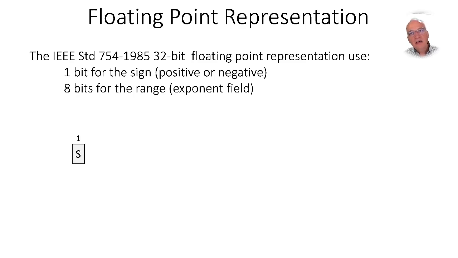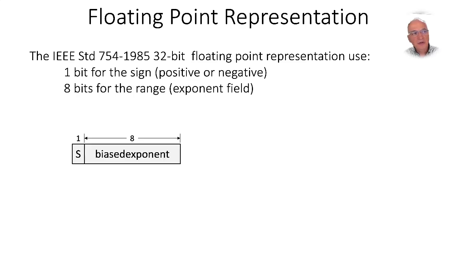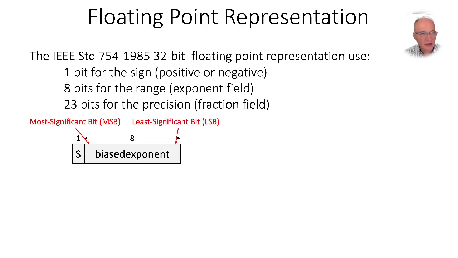Then this representation uses 8 bits for the range, that is the exponent field. We call this the biased exponent because this is not the actual exponent of the number. This exponent uses a biased representation, and we're going to see in a minute what this biased representation is. The most significant bit of the biased exponent is on the left, and the least significant bit is on the right.